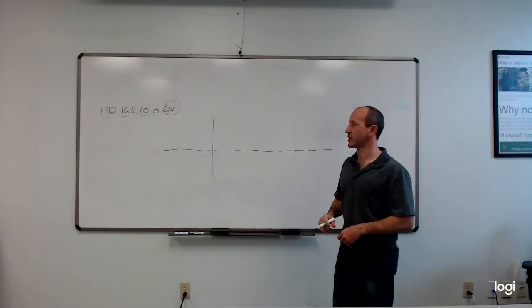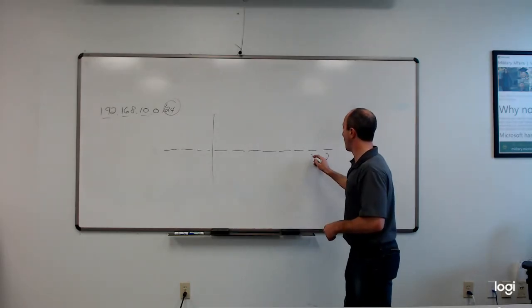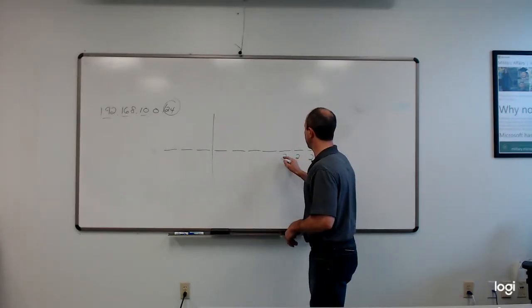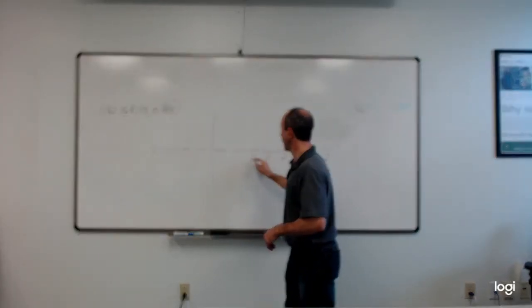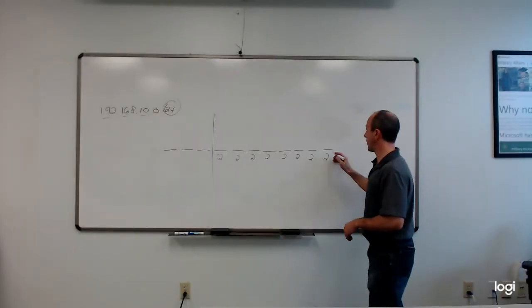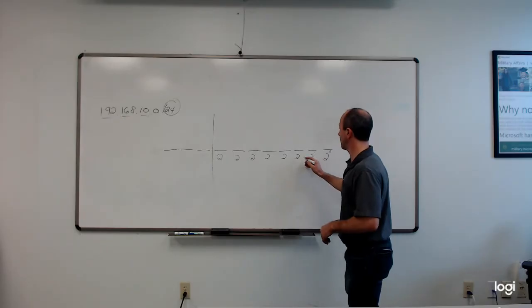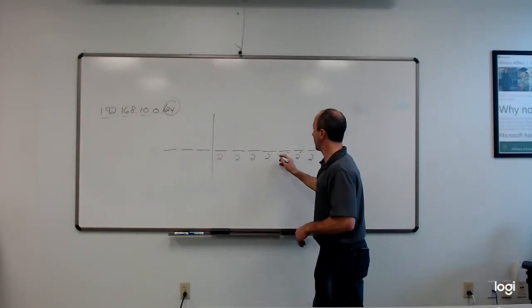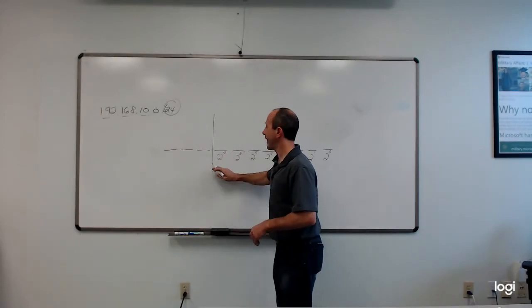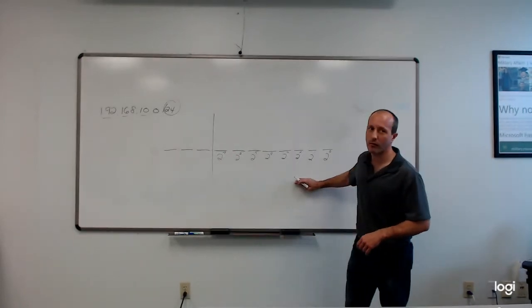Binary numbering system, base 2. I'm going to show you where we get all these crazy numbers. Hopefully you all remember math from grade school. 2 is my base number. I've got exponents. This system never changes.